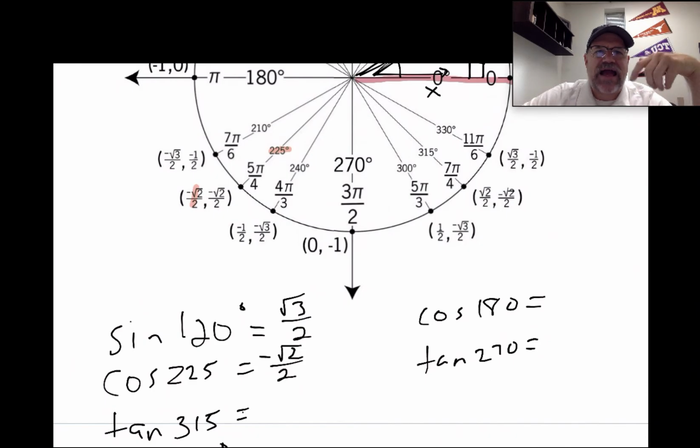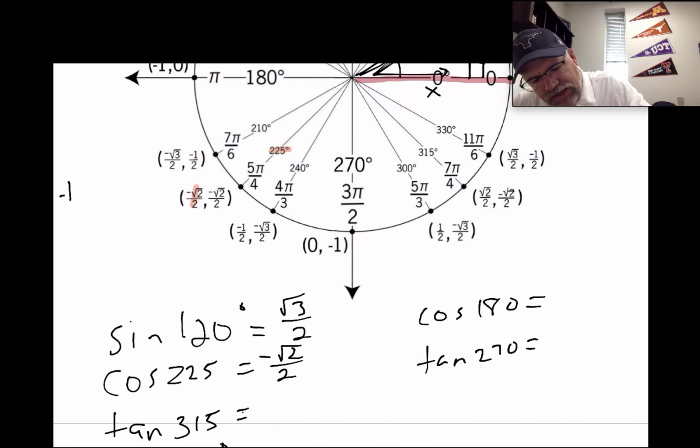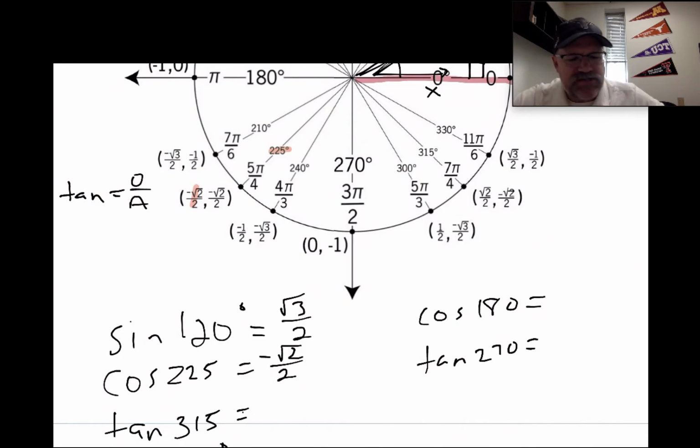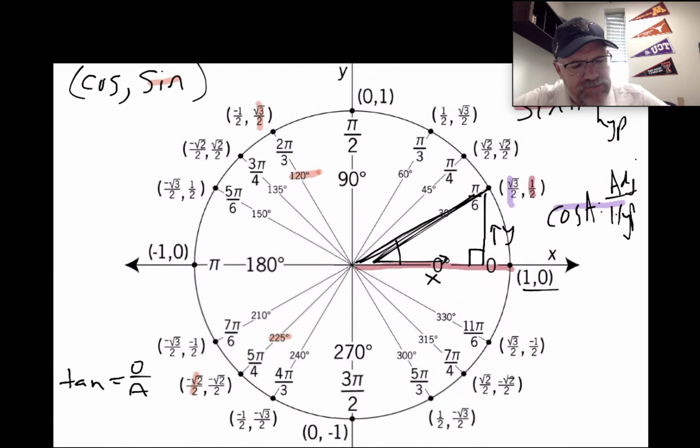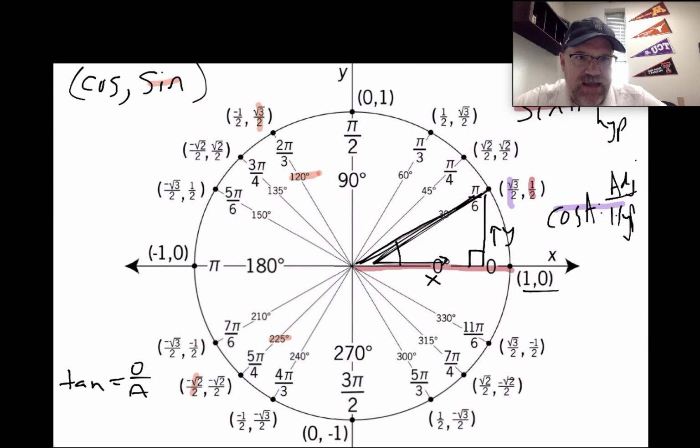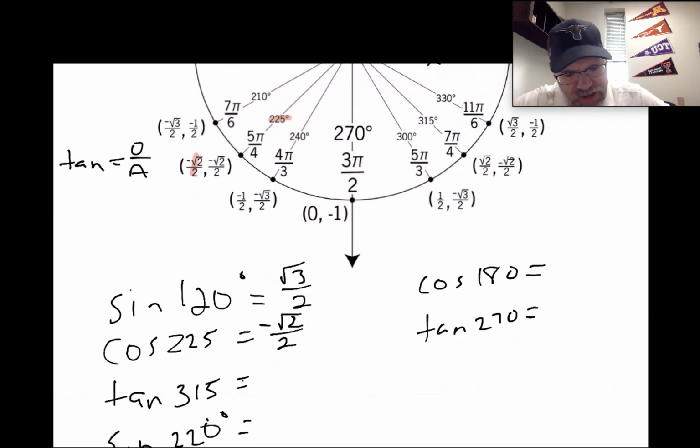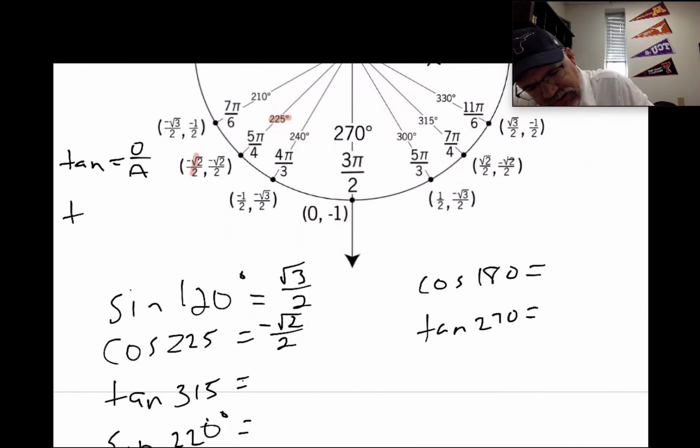Remember we talked about TOA, tangent is opposite over adjacent. But the good news is I know what the opposite values are and I know what the adjacent values are. Opposite is sine, adjacent is cosine. So tangent is sine over cosine.